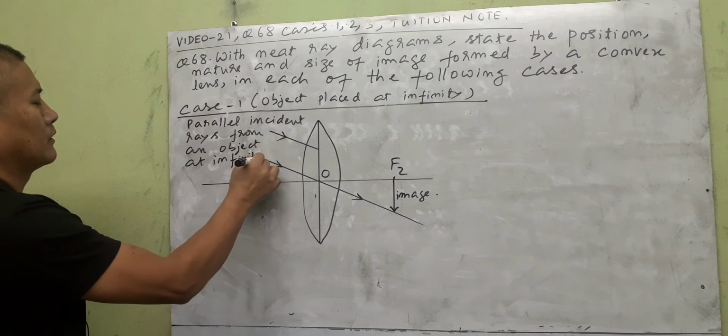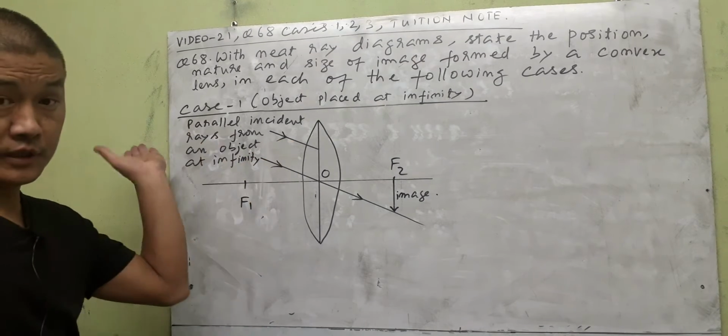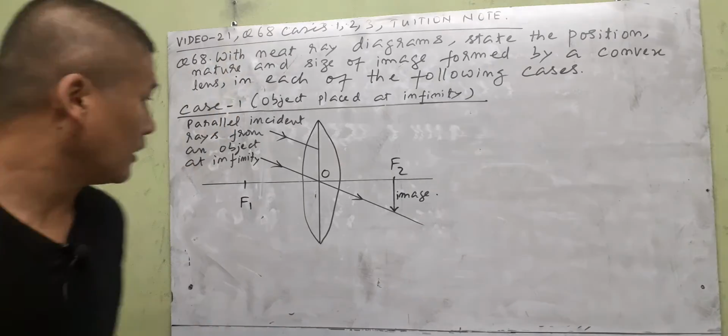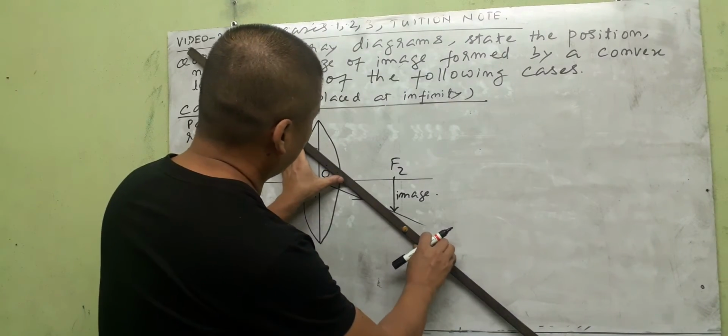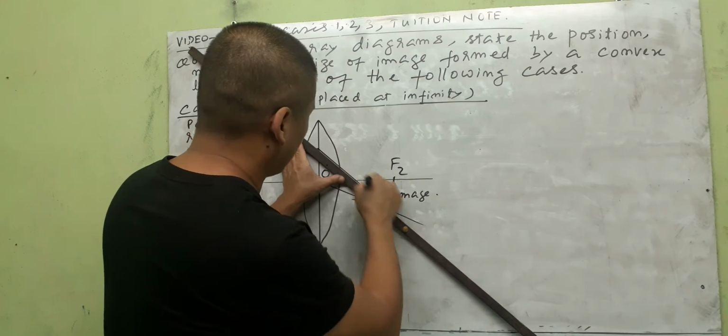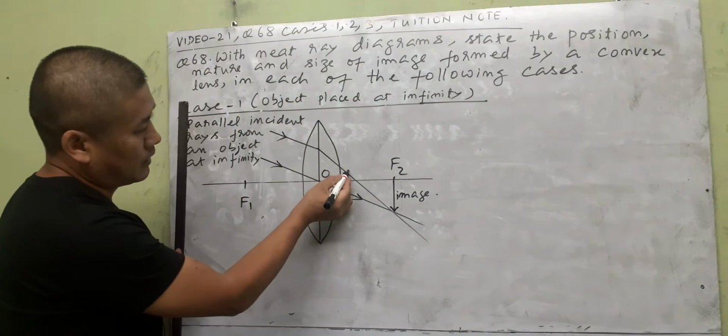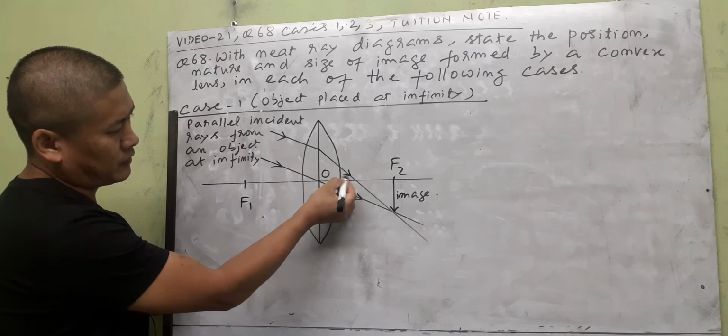We mean to say these 2 rays are coming from the object at infinity, therefore they are parallel. Now after passing through the lens, every ray bends except the one going through the middle. So let it bend and go to the top of the image like this. Mark the refracted ray here. For now, don't forget to put that there.